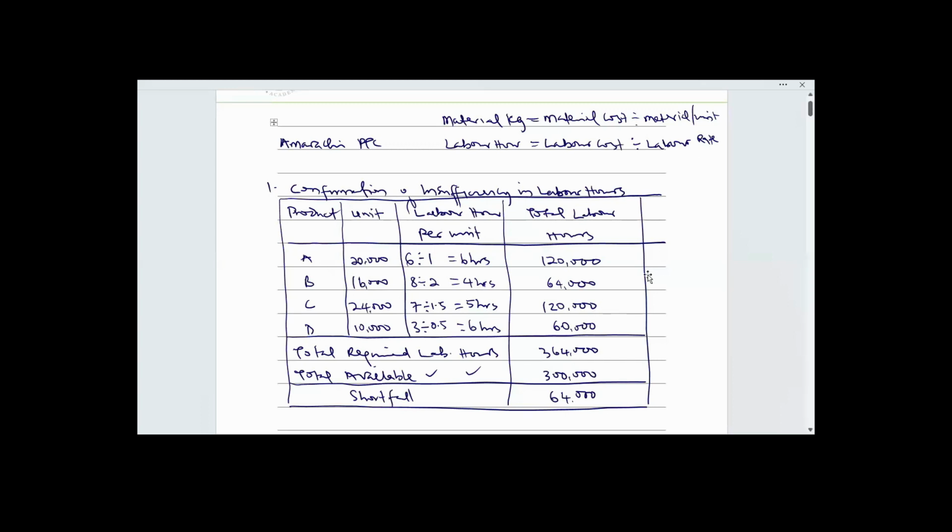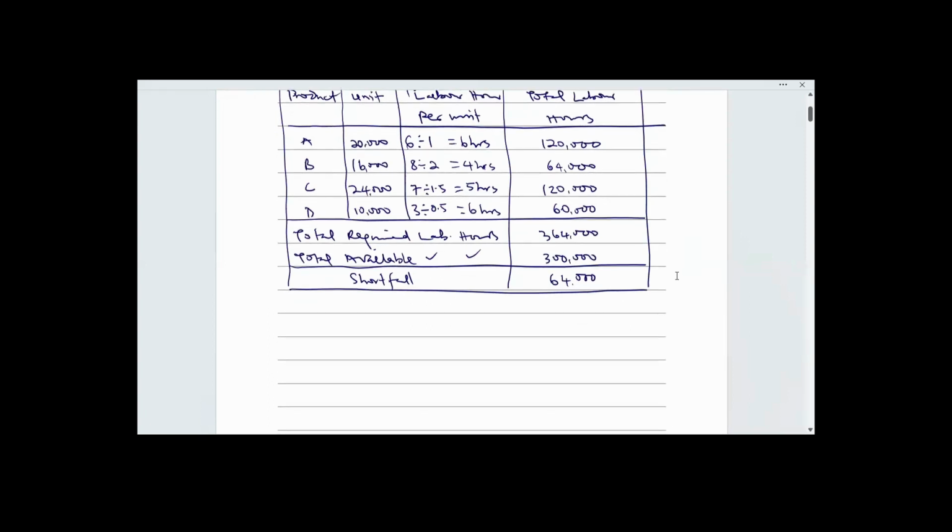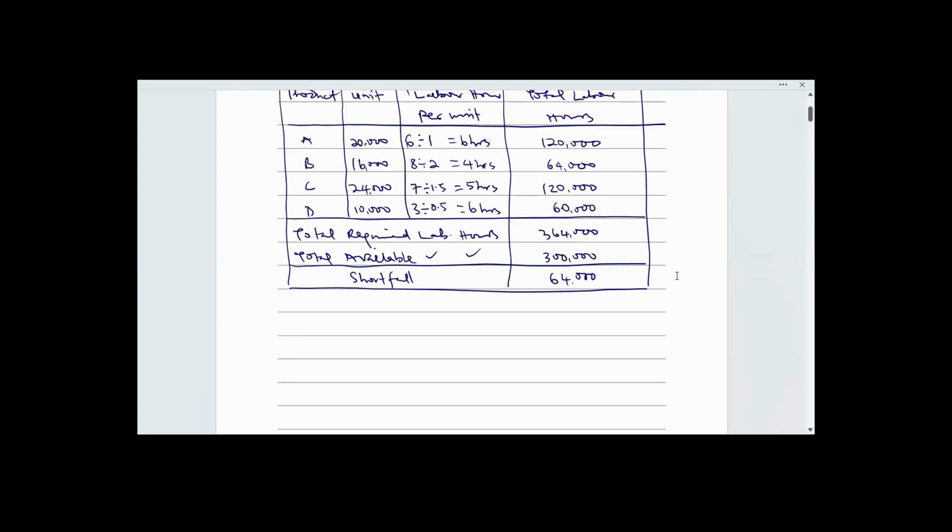So now that we have confirmed the insufficiency in labor hour, we then proceed to step 2. Step 2 says, calculate contribution per unit.